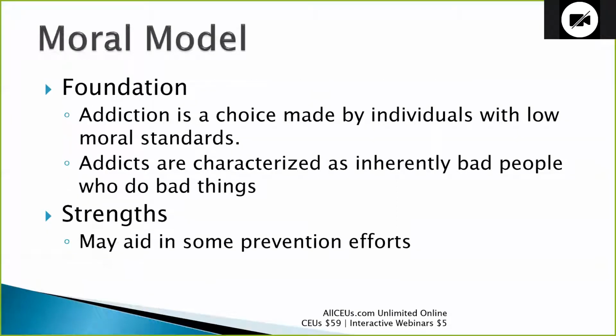So the moral model was probably one of the first models of addiction, and we can go back to prohibition and think about that. Addiction is a choice made by individuals with low moral standards. Addicts are characterized as inherently bad people who do bad things. Now, does this really explain what's going on?